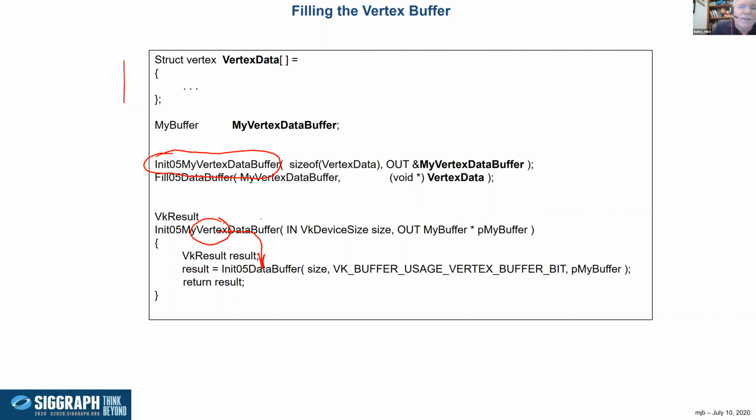Why not use the init data buffer directly? Because the data buffer wants to know how these bytes are being used, and so the init vertex data buffer function tells it that. And so here's one of the Vulkan consts: yes, the buffer is going to be used as a vertex buffer. But other than that, a vertex buffer and a data buffer are no different.